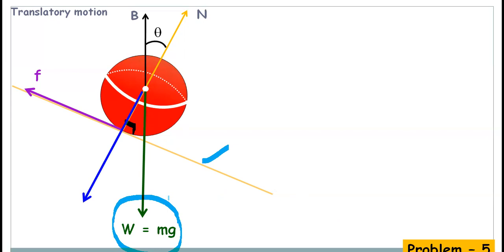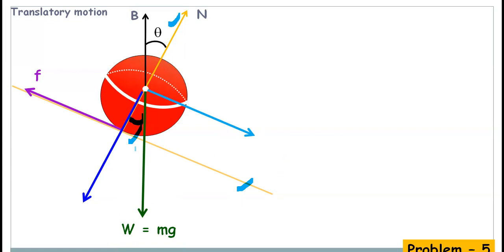And the other one, the horizontal component, is parallel to the surface of the inclined plane. So the weight is resolved into two components. Now these two are vertically opposite angles, and vertically opposite angles are always equal to one another.